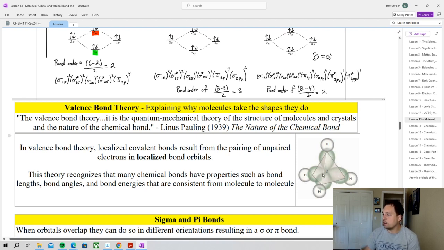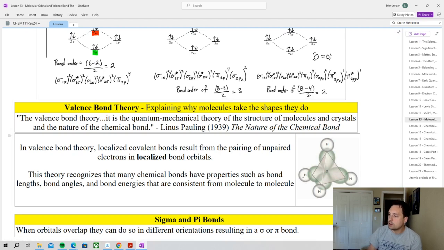We can see here on the right a methane molecule, CH4, where there is this overlap of these hybrid orbitals, which we're going to call sp3 orbitals, with the 1s orbital of a hydrogen atom, giving us 4 localized bond orbitals.